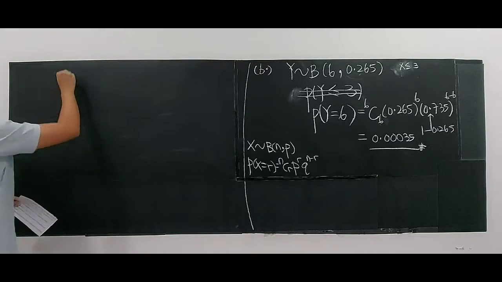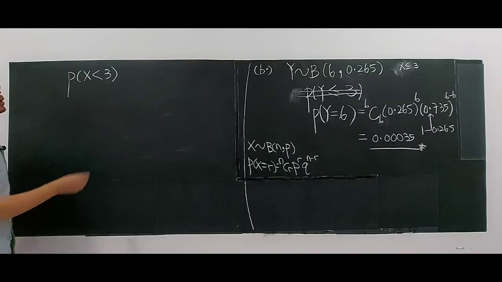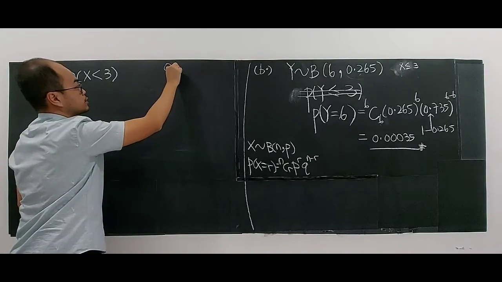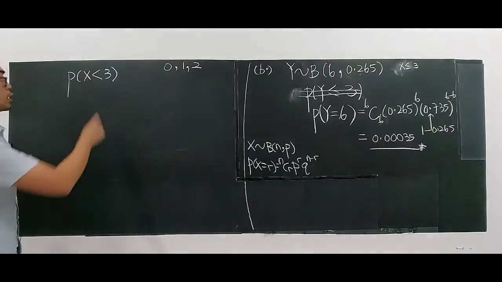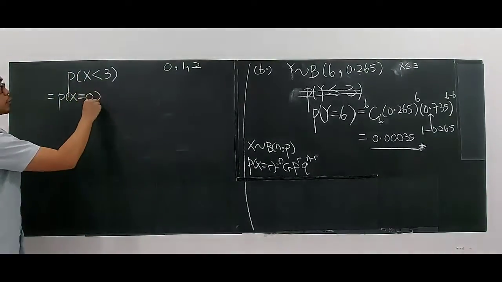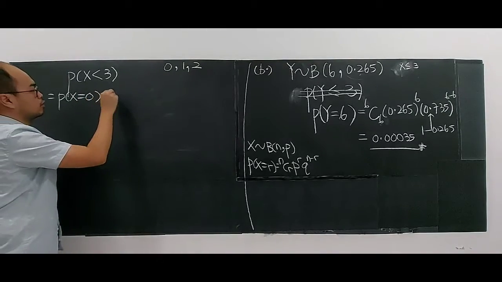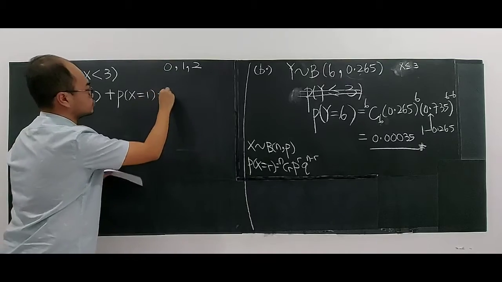Fewer than 3 means the random variable is 0, 1, and 2. So cannot be 3. So maybe none of them contain at most 3 defects, or one of them, or maybe 2 of them.